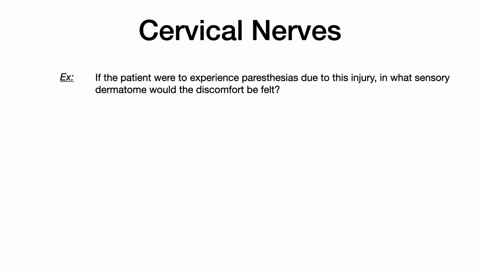Now, part 2. If the patient were to experience paresthesias due to this injury, in what sensory dermatome would the discomfort be felt? All right, so I'm telling you that he's having paresthesia, so he's having abnormal sensation, maybe a little tingling, maybe a little bit of pain. Where do you expect that to be felt? Well, let's go back to our table.